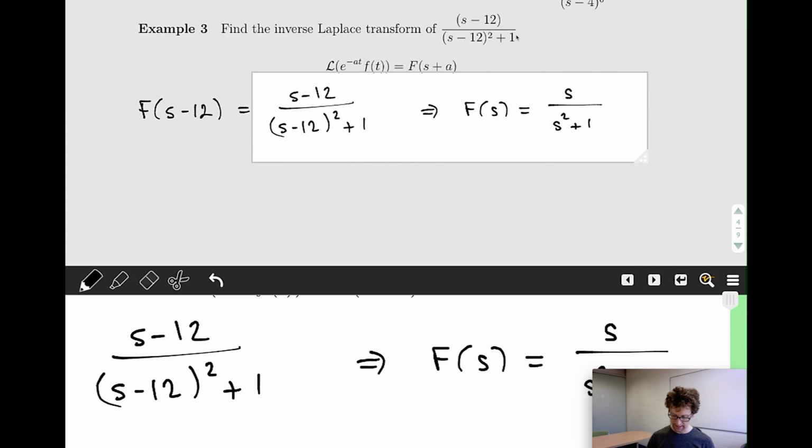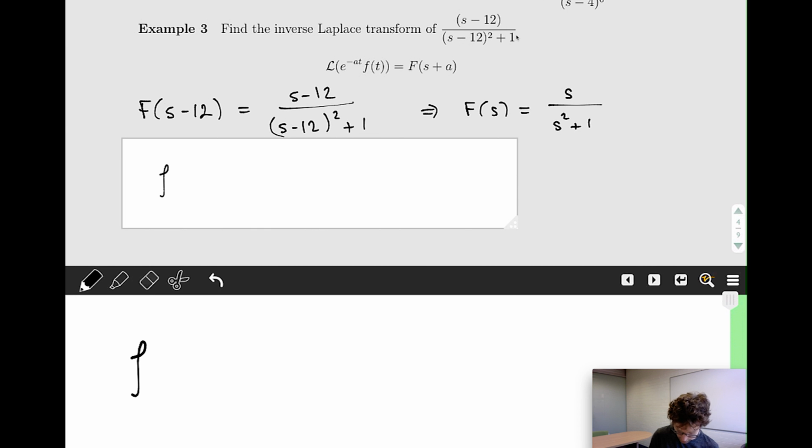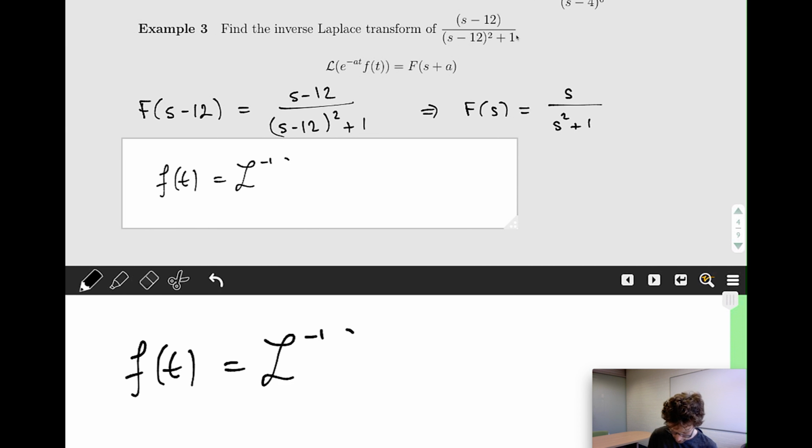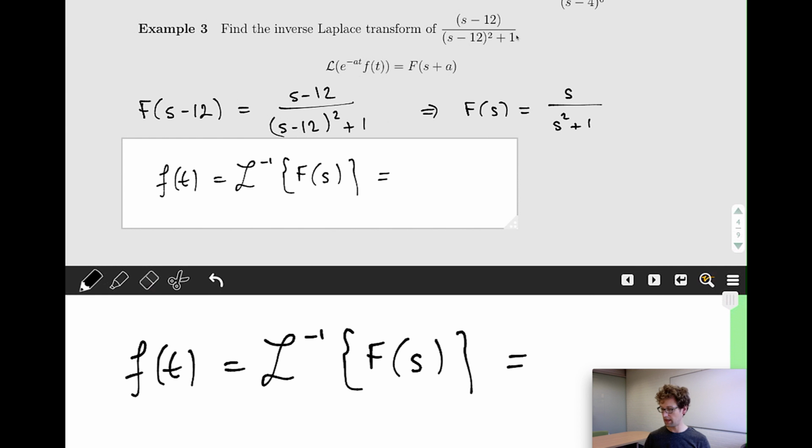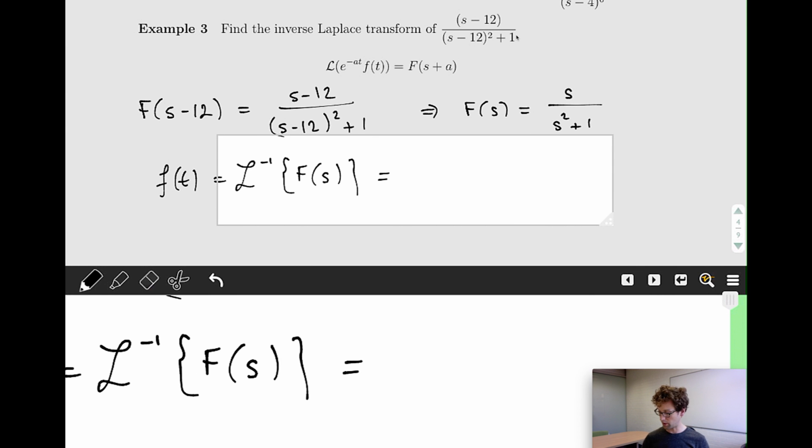Now I'm ready to calculate what f of t is. f of t will be the inverse Laplace transform of the unshifted function. No shift. So it's the inverse Laplace transform of s over s squared plus 1. Again, that's one of our tabled Laplace transforms, and that's going to be given by cosine of 1 times t. We're not finished yet.